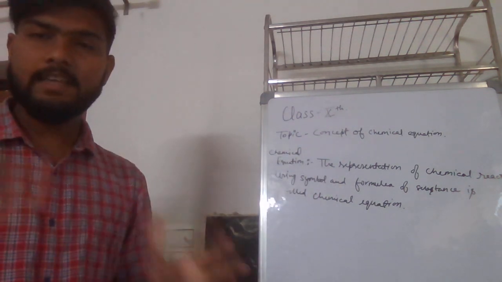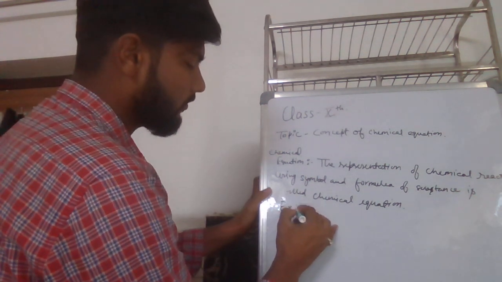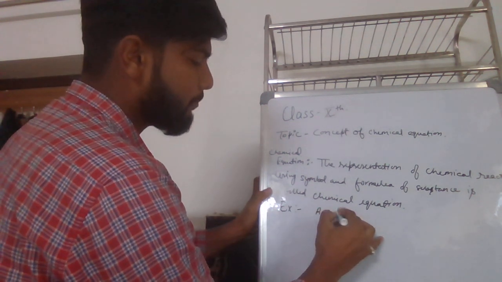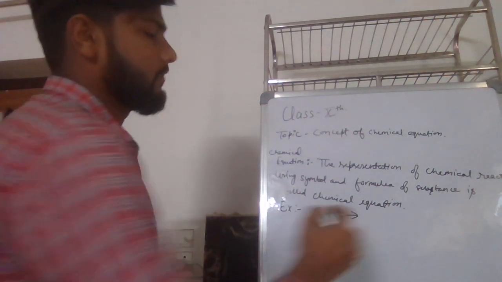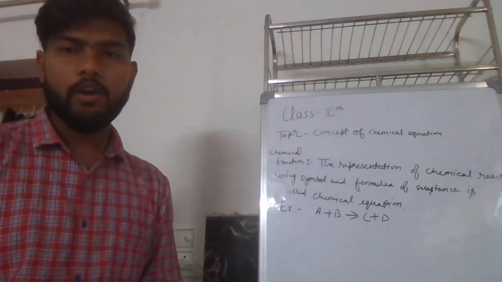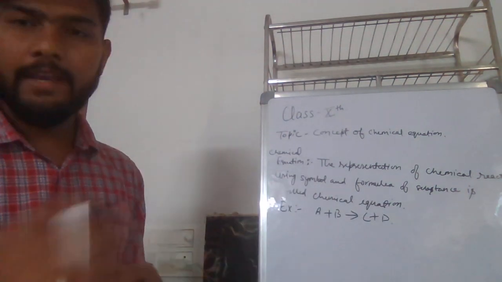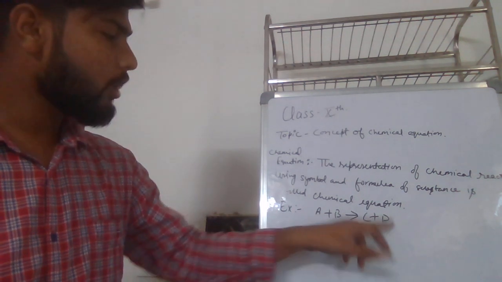For example, I am writing here A plus B reacts to give C plus D. In this equation A and B are called reactants and C and D are called products.